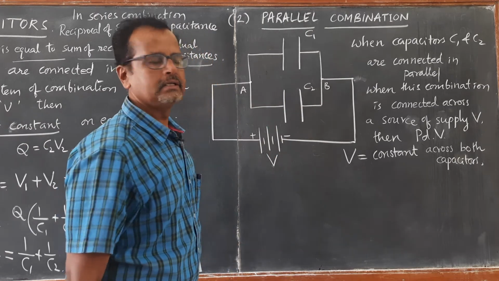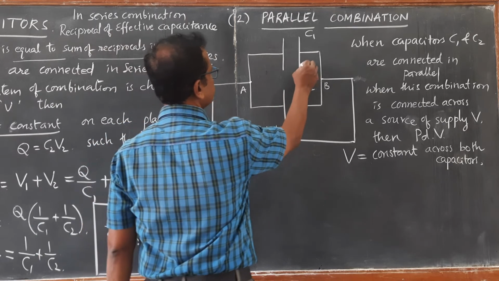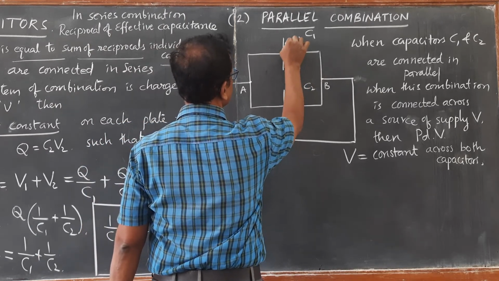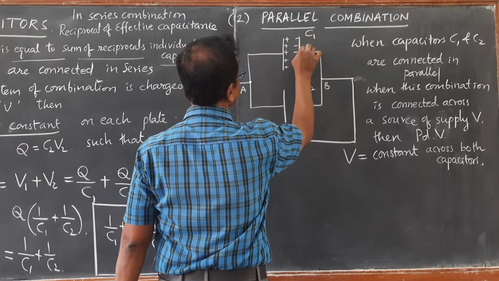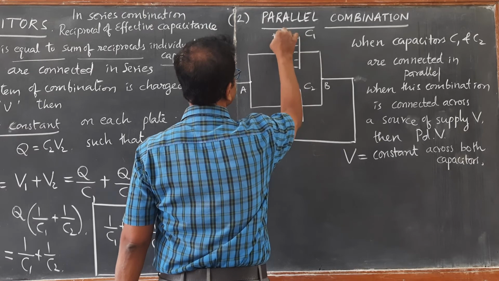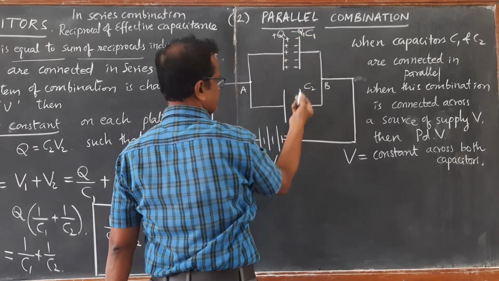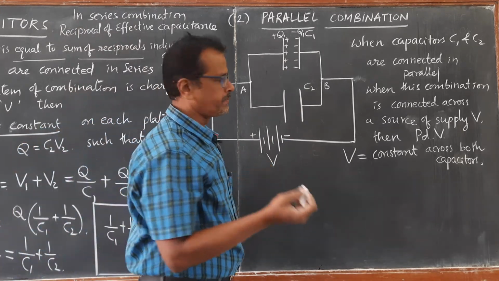So, accordingly the charge will be divided now, right. If capacitor C1 is charged with, let us say, charge plus Q1 and minus Q1 here, then capacitor C2 will be charged with plus Q2 and minus Q2.